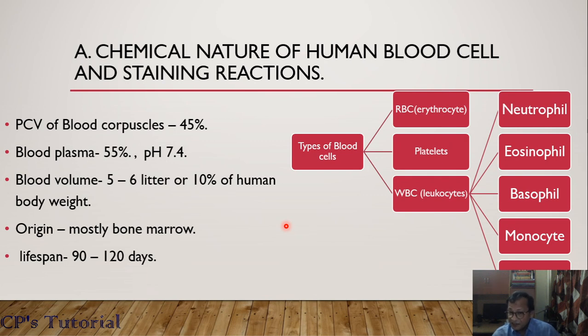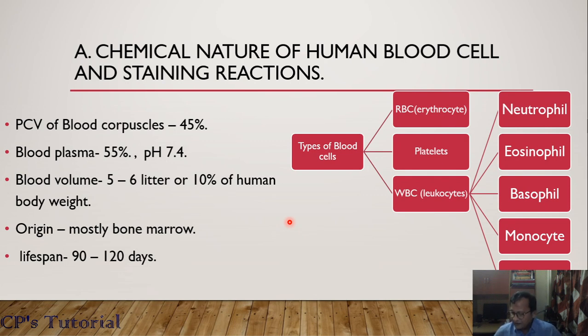Another character, the granules, also may be present or may not. They are present in the neutrophil, eosinophil, basophil, but not in monocyte and lymphocyte. So granules are there in different forms and so they are identified in different ways.